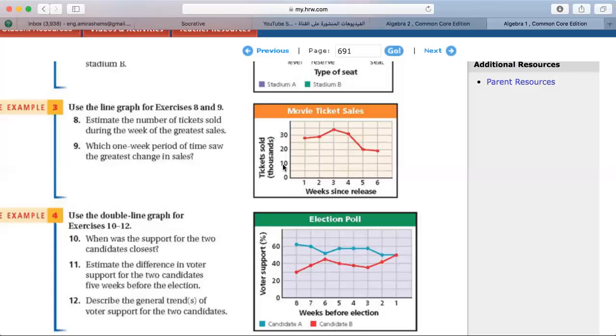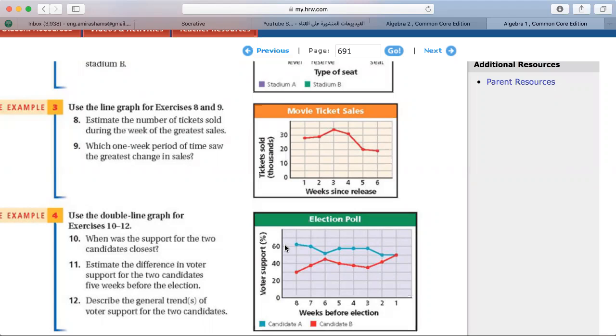So it is 10,000, 20,000, 30,000. Between them there is the middle one, for example, 25, 15, 5, and all of them are thousands. So I want to estimate the number of tickets sold during the week of the greatest sale.